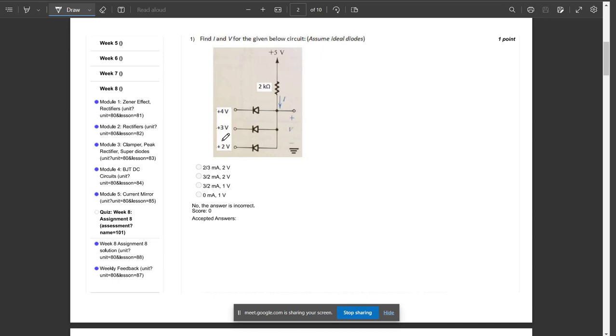Question number 1: find I and V for the below circuit.